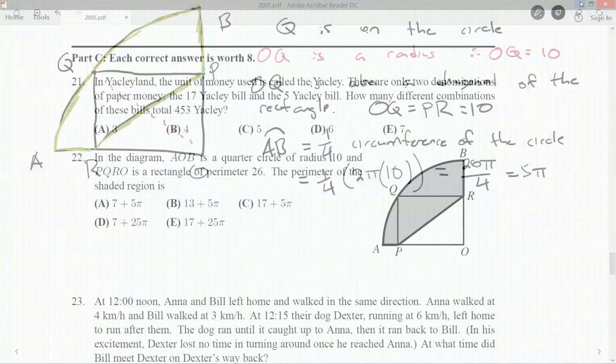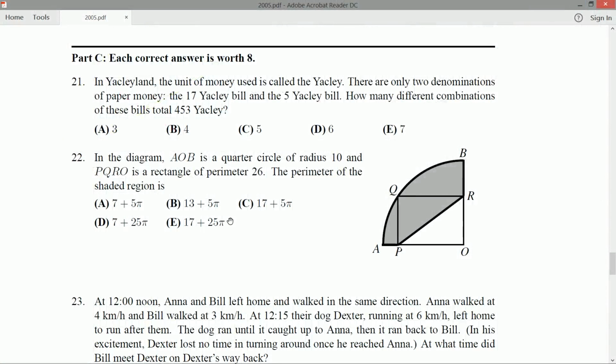Now, do any of our answers have 5 pi in them? A bunch of them. I'm betting AP and BR will not have pi's in them. If they do, then we're looking at D or E, but I think we've narrowed it down to either A, 7 plus 5 pi, B, 13 plus 5 pi, or C, 17 plus 5 pi. Now, I could be wrong.